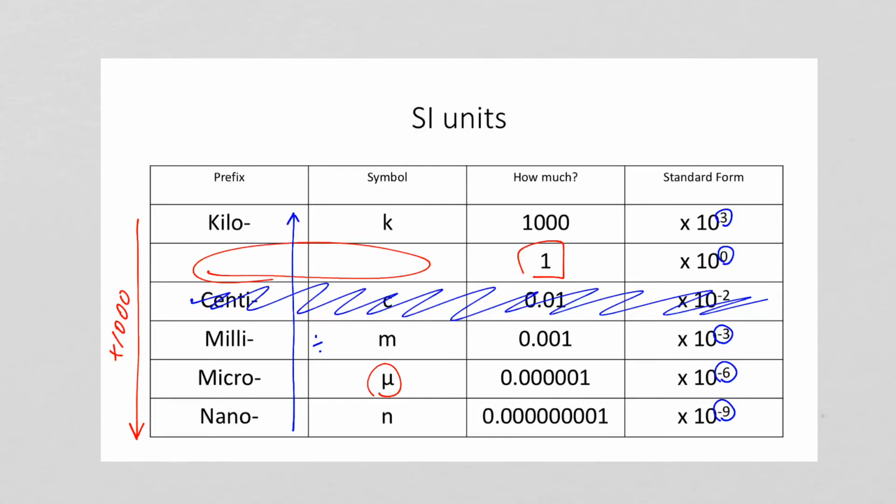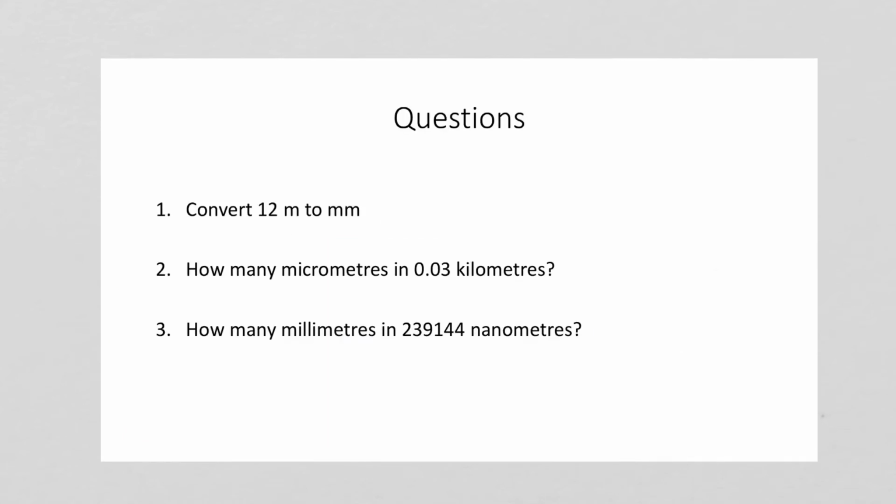And every step you go in the opposite direction, you're going to divide by 1,000. So we can quickly add this in the top corner, and if you have trouble remembering this, I suggest that you make yourself a little chart like this in the corner of your test or exam paper.